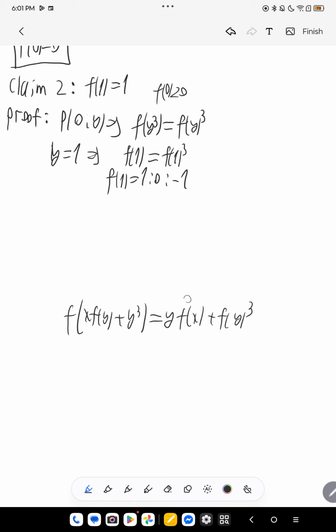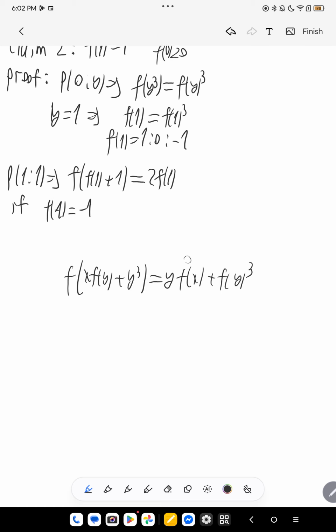Okay, so let's put ones, we get f(1) plus 1 equals 2f(1). So if f(1) equals minus 1, we get f(0) equals minus 2, which is not true because f(0) equals 0.